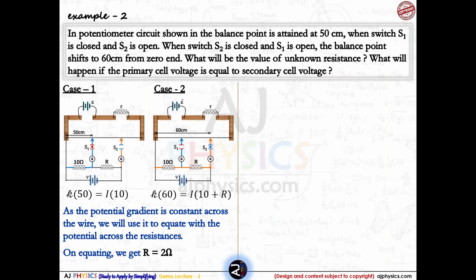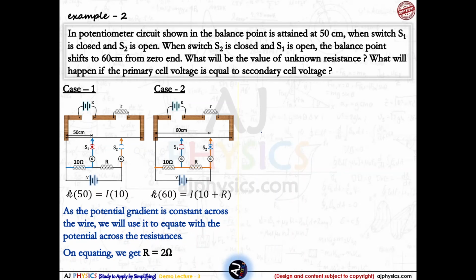I have already discussed this in arrangement 1: this voltage has to be greater than this voltage, otherwise the balance point cannot be attained. Moreover, the balance point can go far away from the potentiometer circuit, where we don't have the wire. That means the balance point would be beyond the length of the wire.